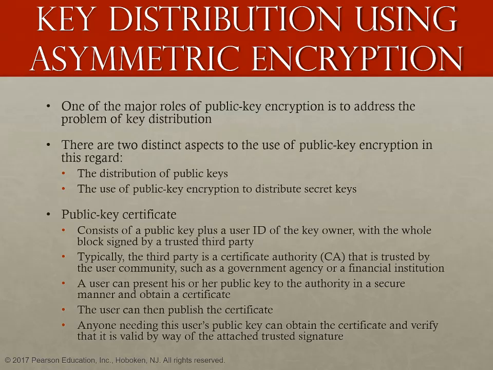A user can present his or her public key to the authority in a secure manner and obtain a certificate. The user can then publish the certificate. Anyone needing this user's public key can obtain the certificate and verify that it is valid by way of the attached trusted signature. The figure illustrates the process.